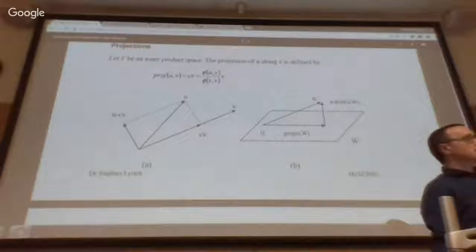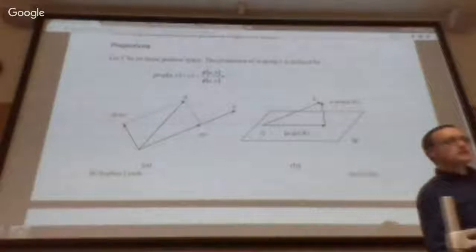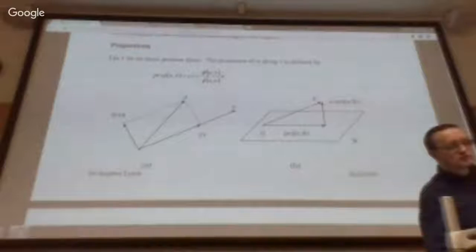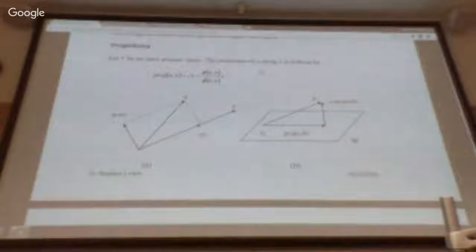So the coefficient c is exactly this ratio here: phi of u with v, the inner product of u with v, rescaled by the inner product of v with itself, which geometrically you think of as the square of the norm of the vector v. So that ratio gives the projection of the vector u onto v.